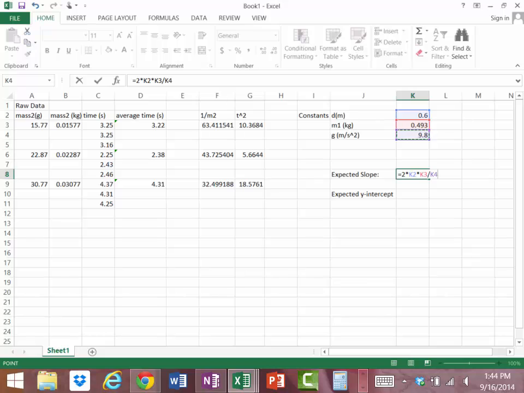All I did was exactly what this tells me to do: 2 times D times M1 divided by G. Then I'm going to enter. Hopefully that will be my slope. And the times is just an asterisk, so shift 8.